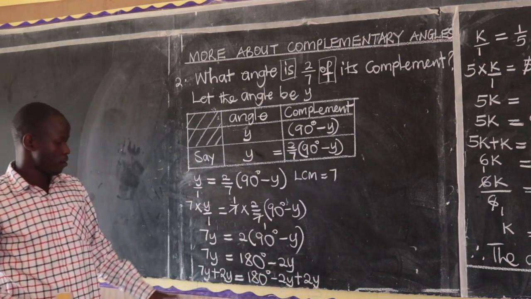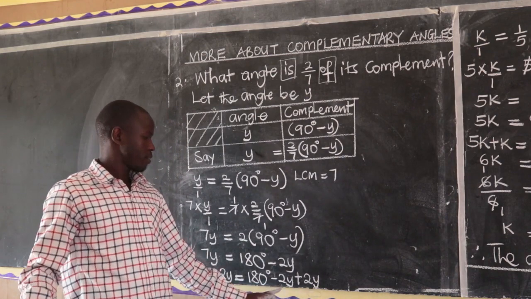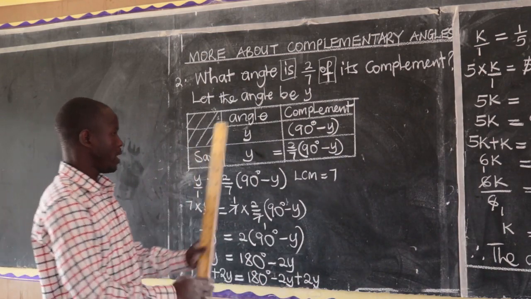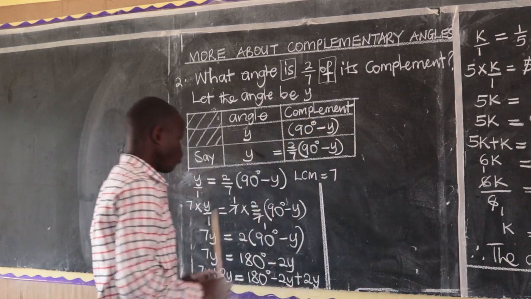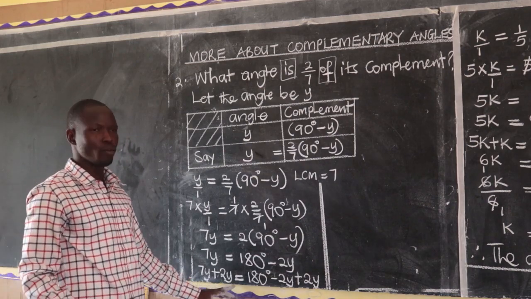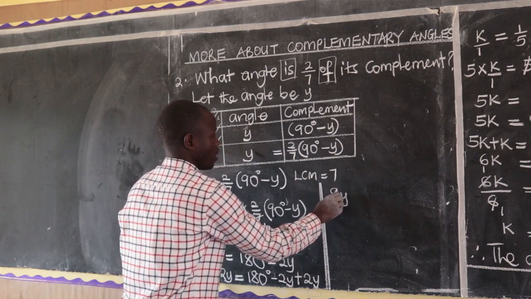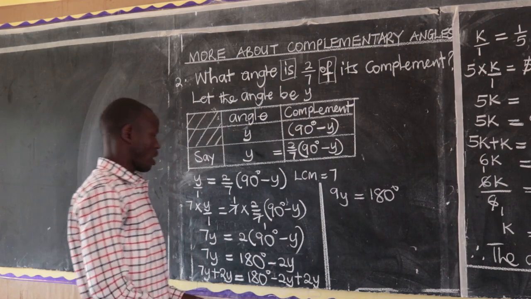In this step, when we introduce the additive inverse, we realize negative 2y plus 2y is 0, meaning on the left of our equal sign, we shall have 9y is equal to 180 degrees.